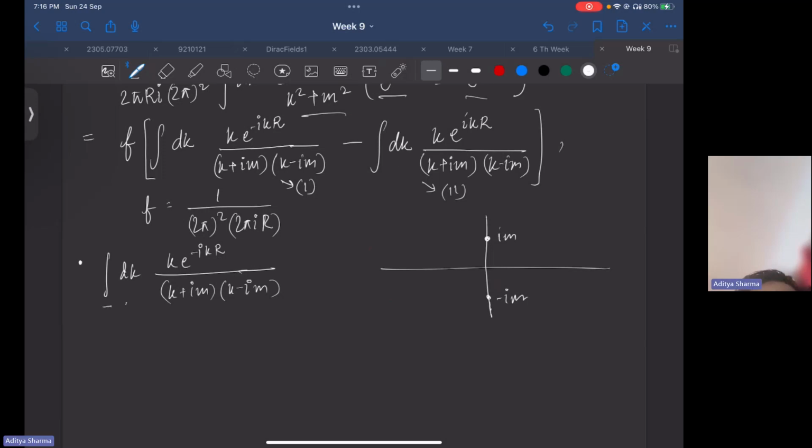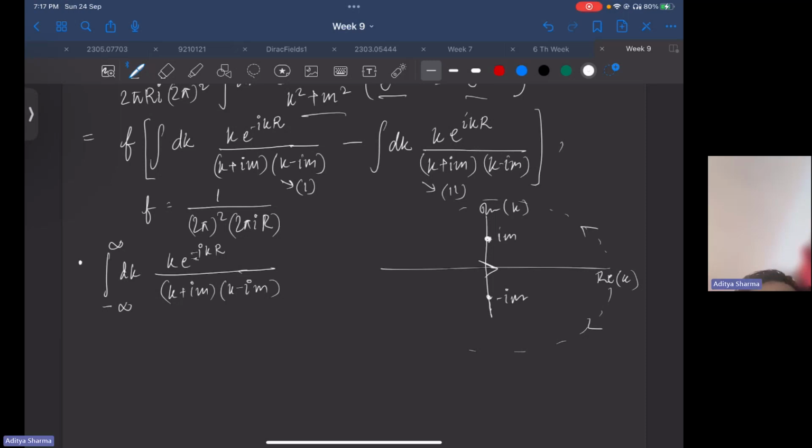The integral of k is real from minus infinity to infinity, and so the contour goes like this. This is the real axis of k, this is the imaginary axis of k, and there are two poles on the imaginary axis. So how do we close the contour? Whether we should close it up or down depends on what sign we have here. And the best way to check is like this.